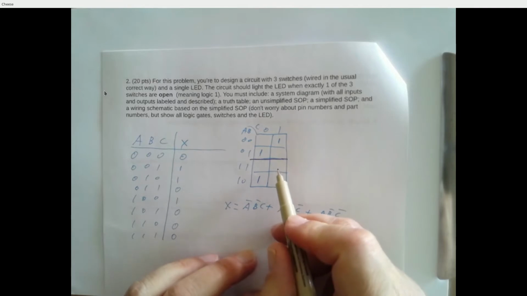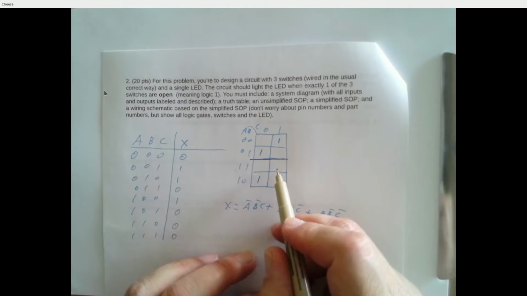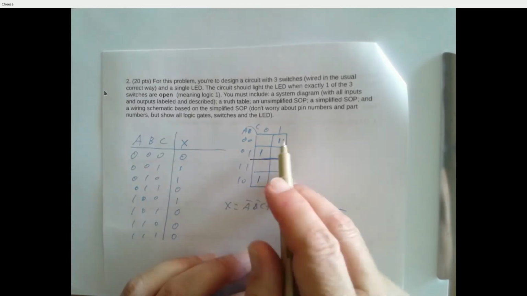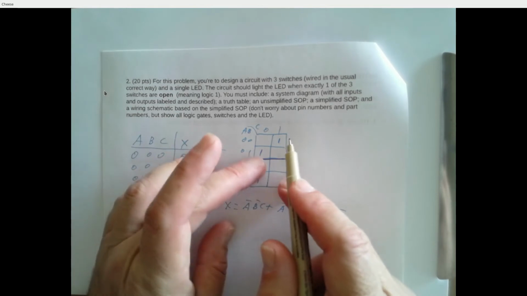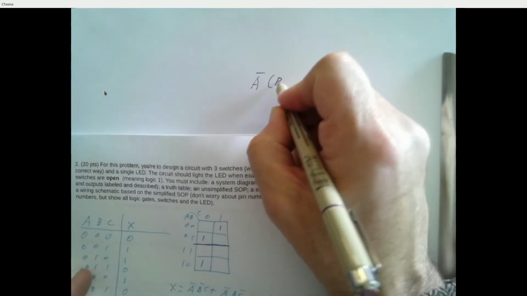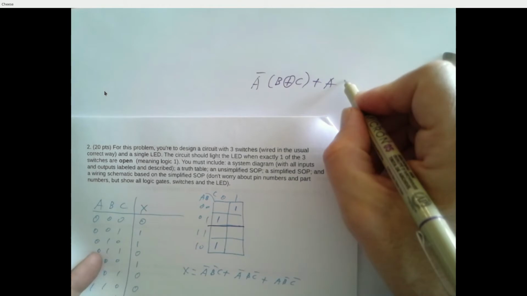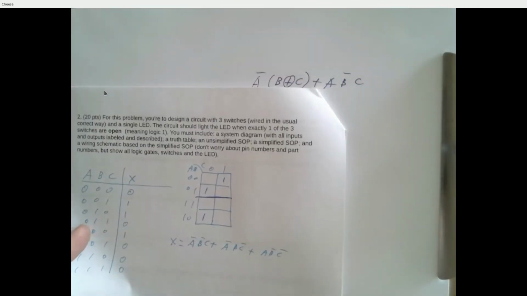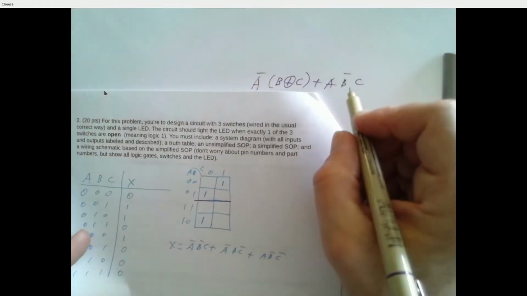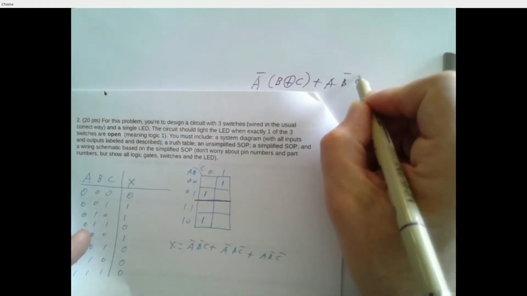But unless this one is present here, it's not a straight XOR of A, B, and C. But it does look like if A is 0, this is B XOR C. So you could do something like if A bar is true, do B XOR C, or if A is true and B is false and C is false.